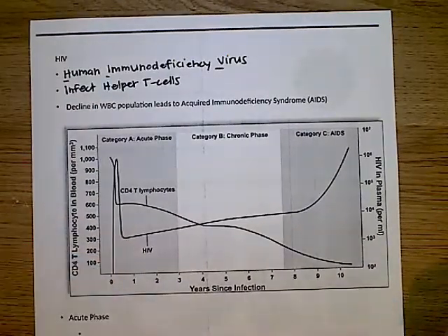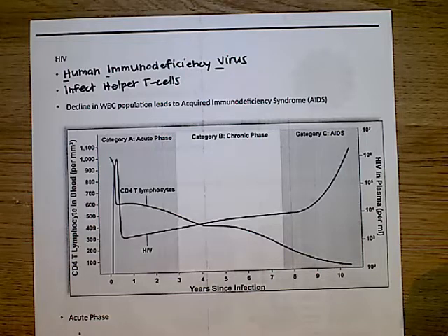And this is believed to have crossed from primates to humans in Africa way back in the 1920s. There are several strains of this that exist. And as they attack the helper T cells, this depletes acquired immunity.